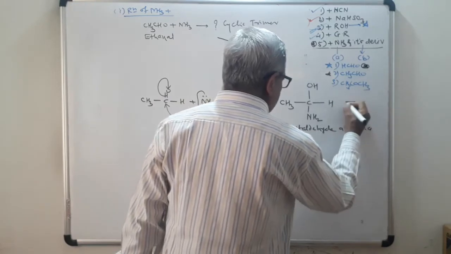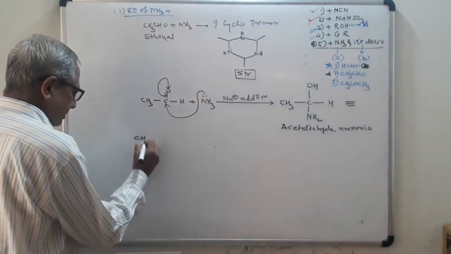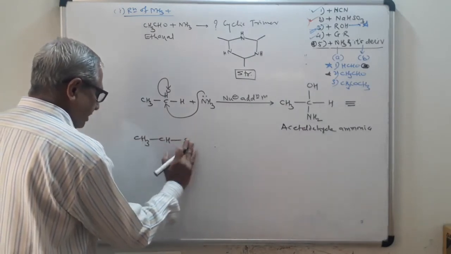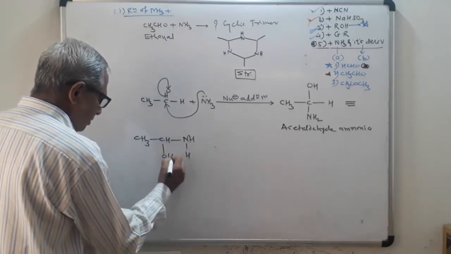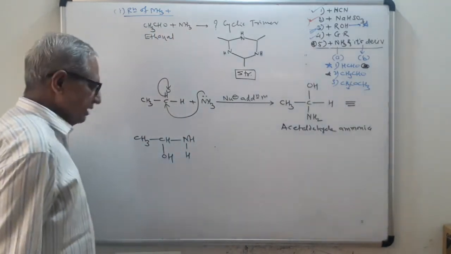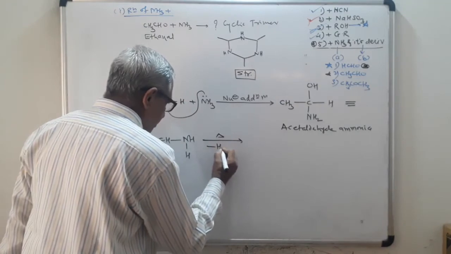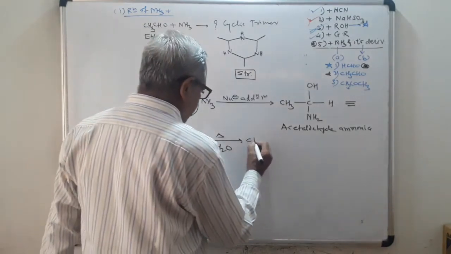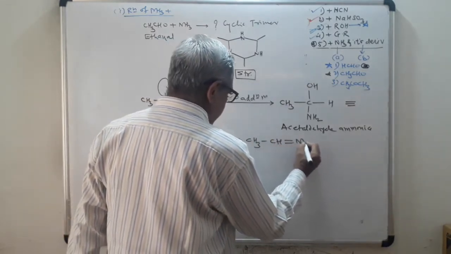The structure can also be written in the same way: CH3 CH(OH) NH2. Remember that this structure and the previous structure are the same. It undergoes removal of a water molecule, which you can easily remove, and you get CH3 CH double bond NH.